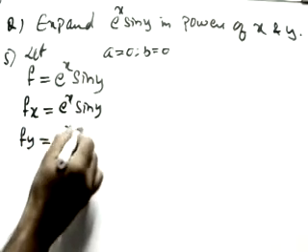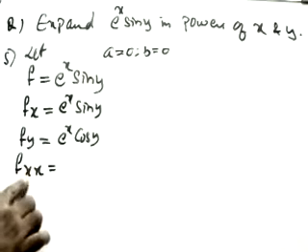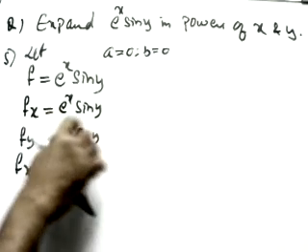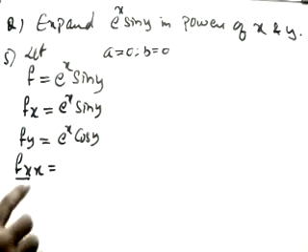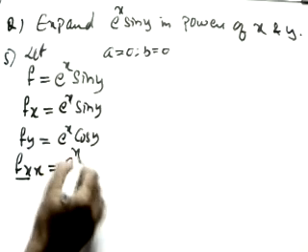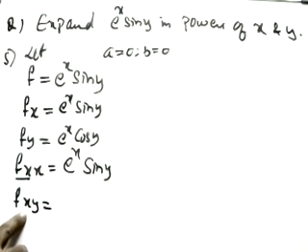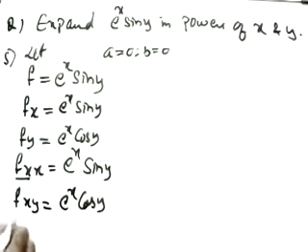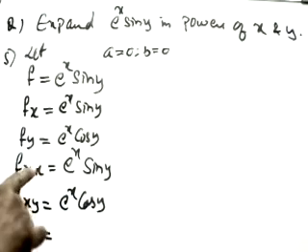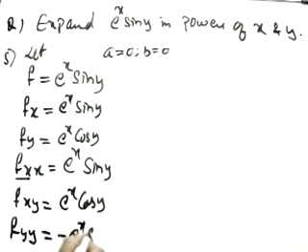Now fy with respect to y: e power x, d by dy of sine y is cos y. fxx, differentiation of fx with respect to x, so e power x sine y. fxy, we differentiate fx with respect to y, so sine is cos: e power x cos y. fyy, differentiation of fy with respect to y, so d by dy of cos is minus sine: minus e power x sine y.